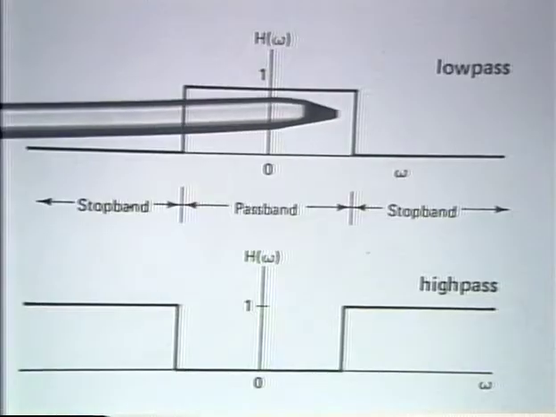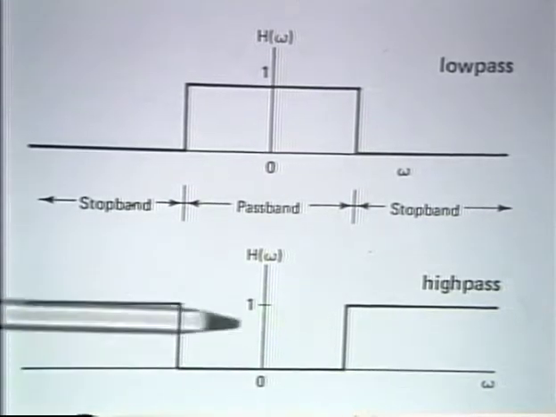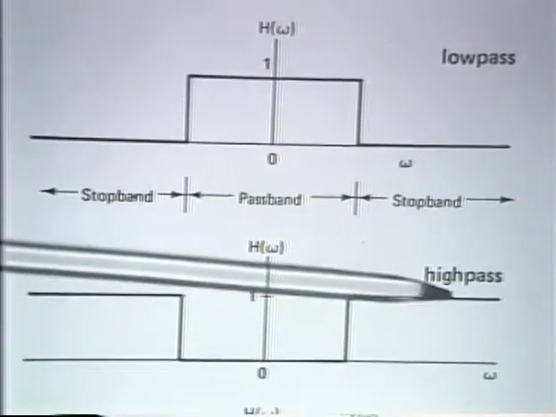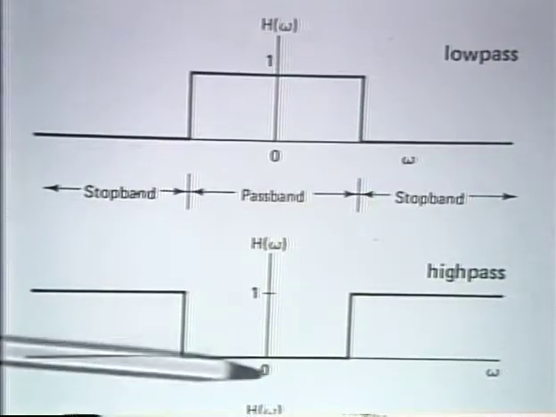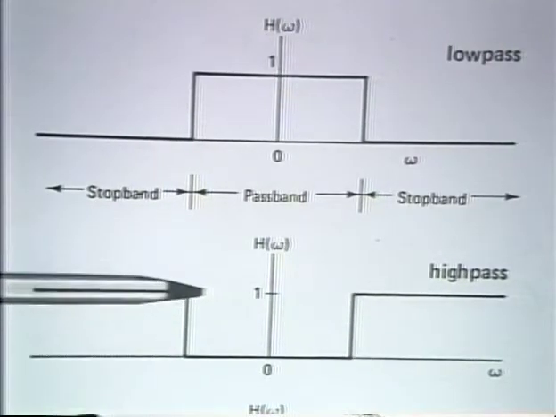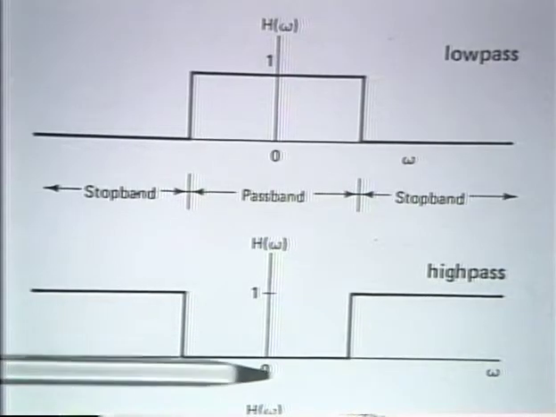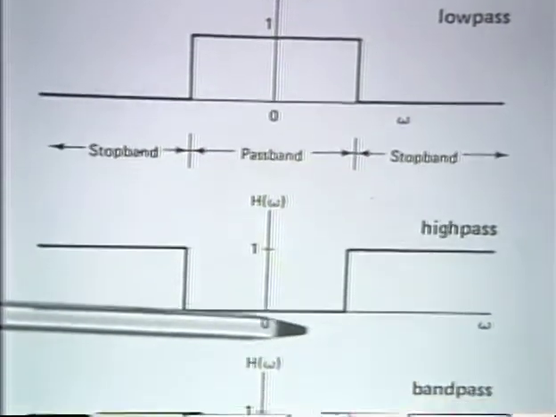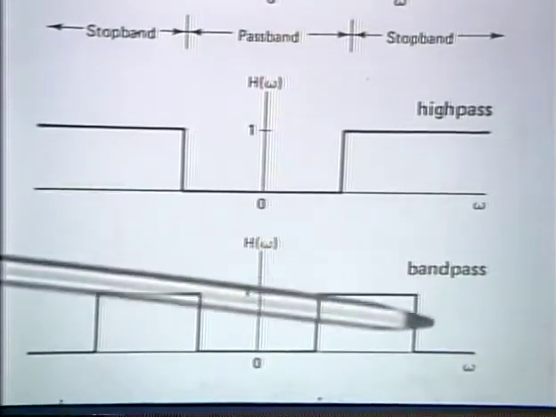I illustrated here a low-pass filter. We can, of course, reject the low frequencies and retain the high frequencies. And that then corresponds to an ideal high-pass filter. Or we can just retain frequencies within a band. And so I show below what is commonly referred to as a bandpass filter.